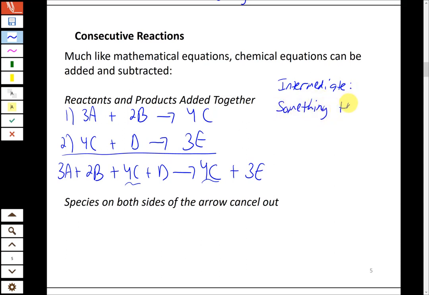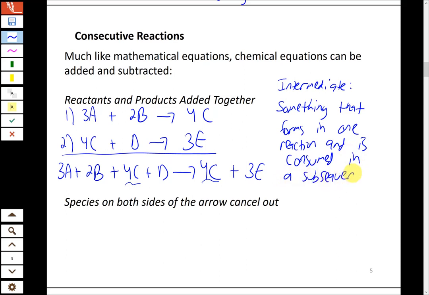So an intermediate is something that forms in one reaction or one step and is consumed in a subsequent one. In this example, our C is the intermediate.